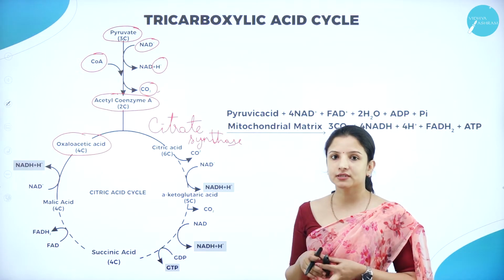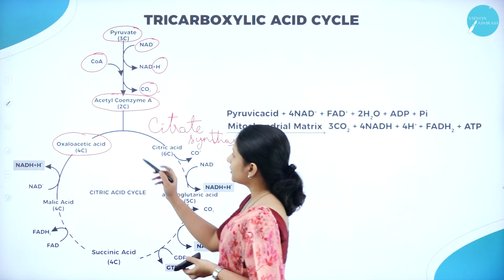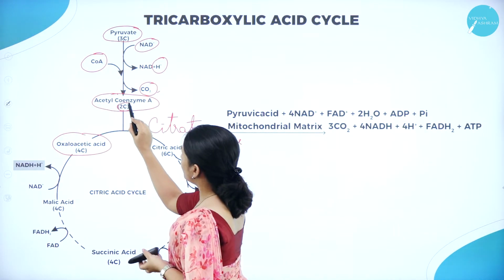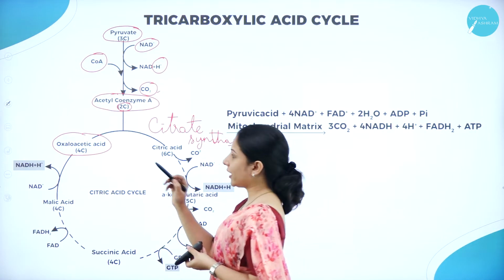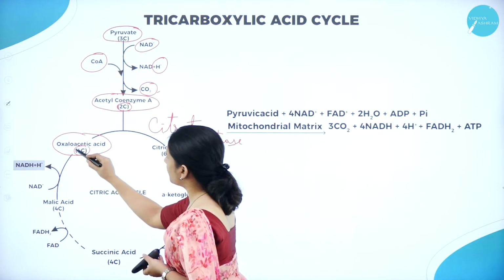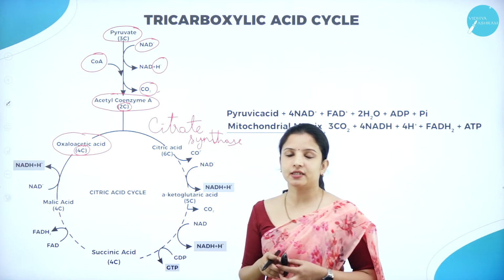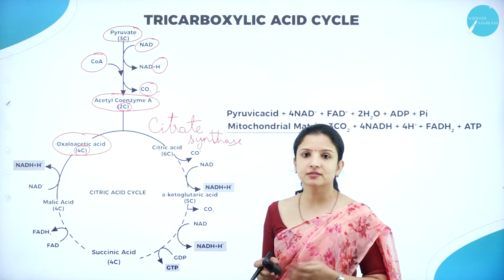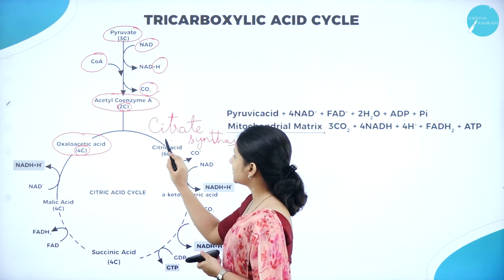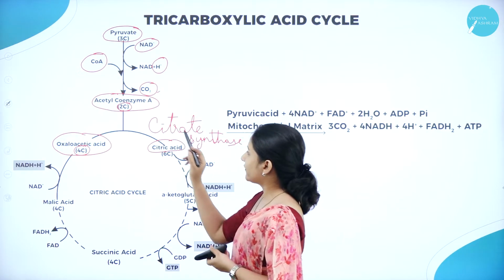How did it form a 6-carbon compound? The 2-carbon acetyl coenzyme A combined with the 4-carbon oxaloacetic acid. 4 plus 2 forms a 6-carbon compound, citric acid, favored by the enzyme citrate synthase.